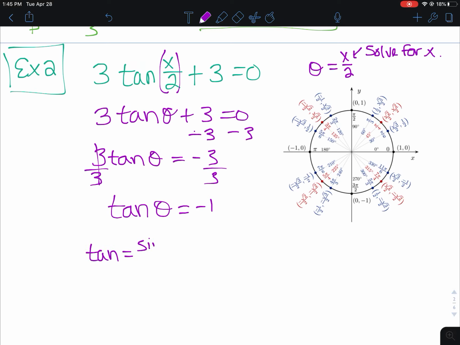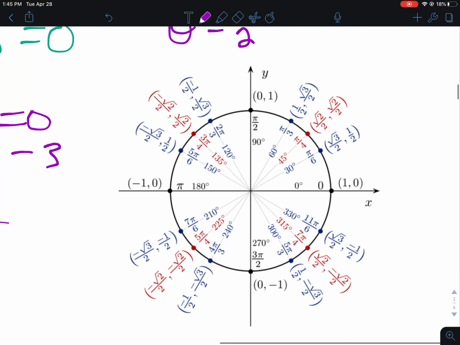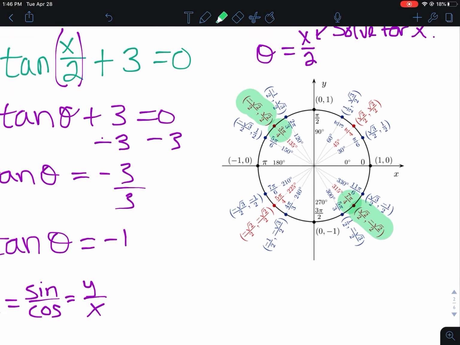Well, remember, tangent is sine over cosine, which on our unit circle is y over x. So which point can I divide the y by the x and get -1? Well, that is going to be here, 7 pi over 4, and here at 3 pi over 4, right?